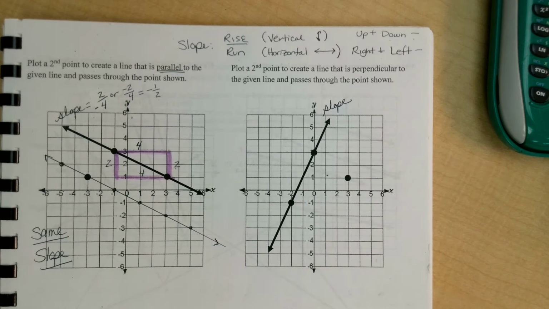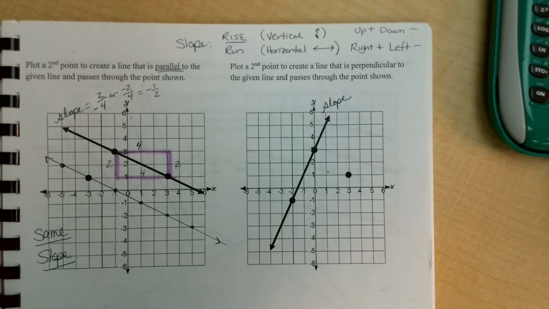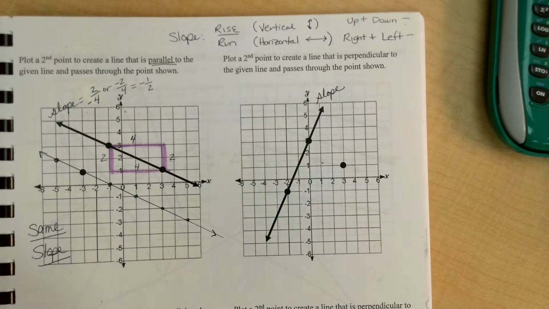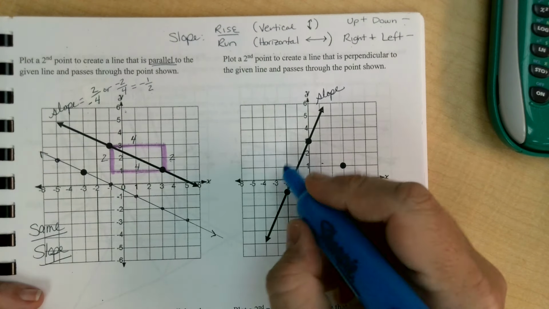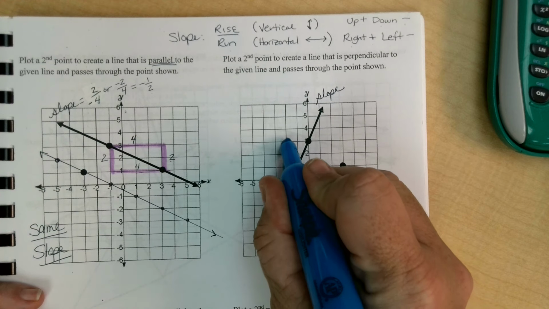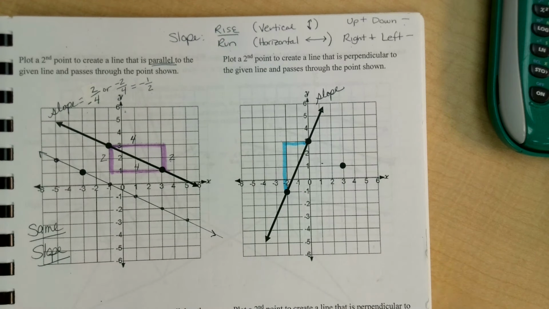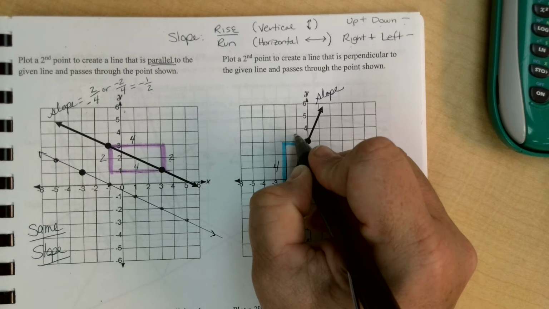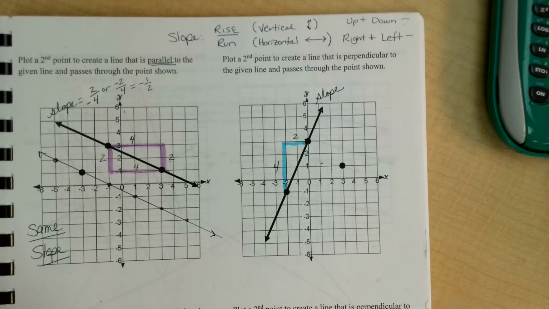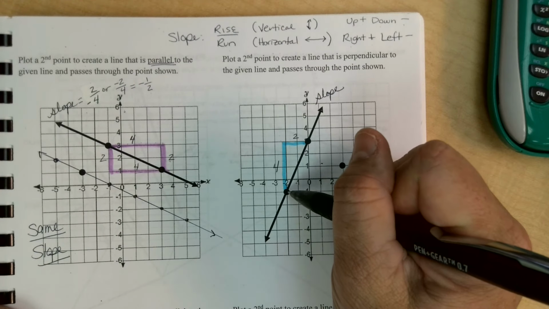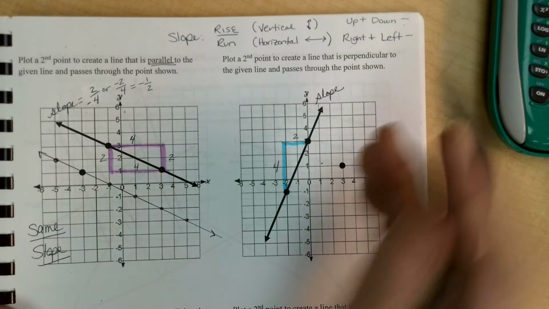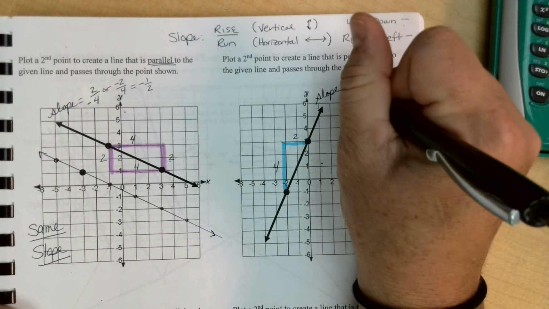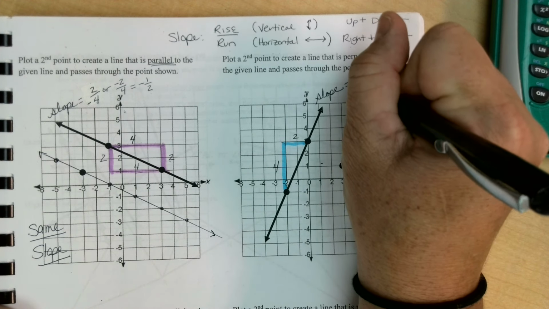Using a blue highlighter this time, starting at this lower point, my rise is 1, 2, 3, 4. My run is 2. Everything is positive because I'm moving up and I'm moving right. My line is positive, so my slope is going to be 4 over 2.